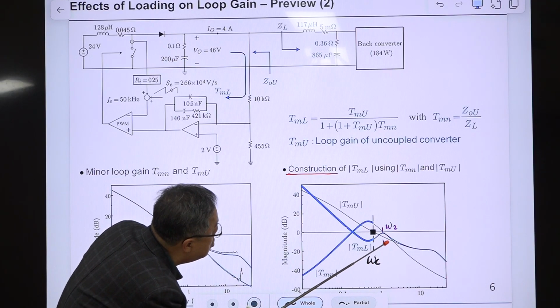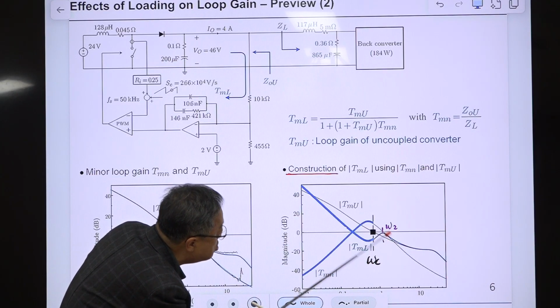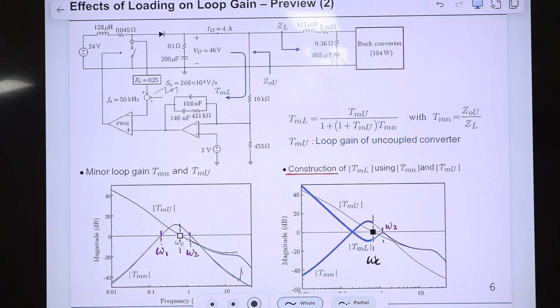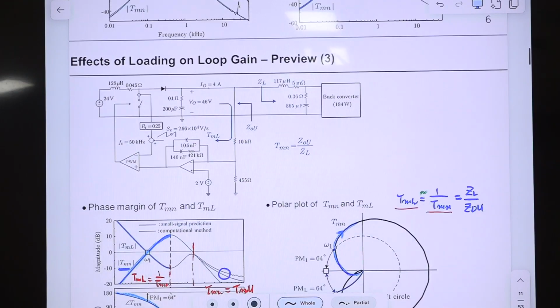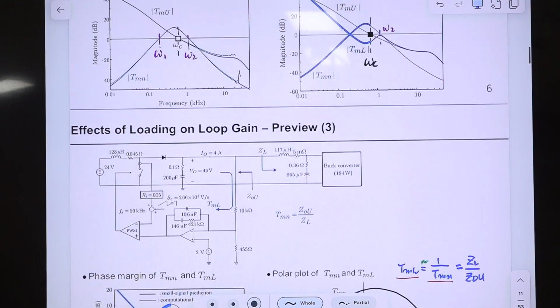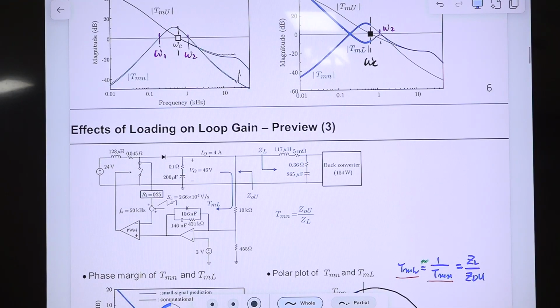In between, there is a peaking, so smoothly connect them. Then you will get this. So this is the final result, and the intermediate step will be explained later. And I magnified this part.